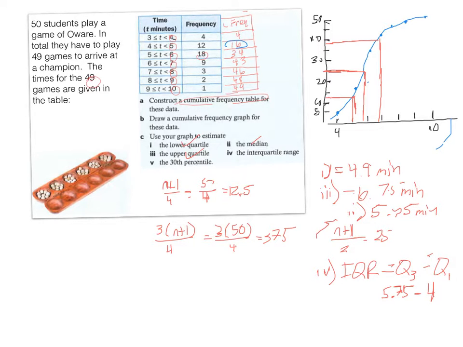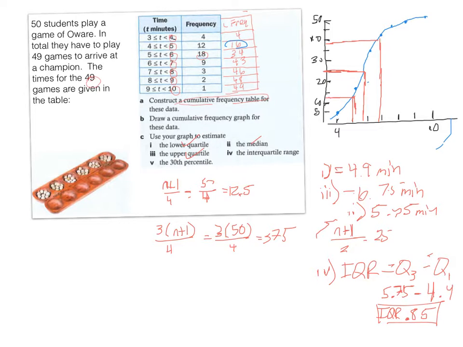Now your numbers may be slightly different from these, and that's okay. So 4.9, and we should then get about 0.85 should be my IQR. So within about a minute of each other, those middle 50%. So they roughly take about the same amount of time.